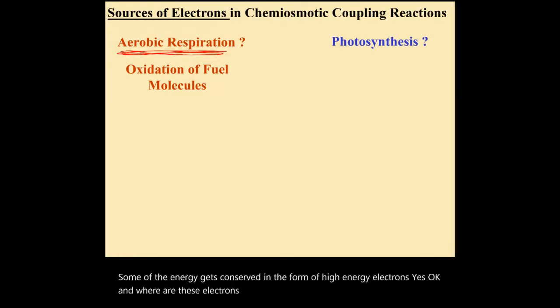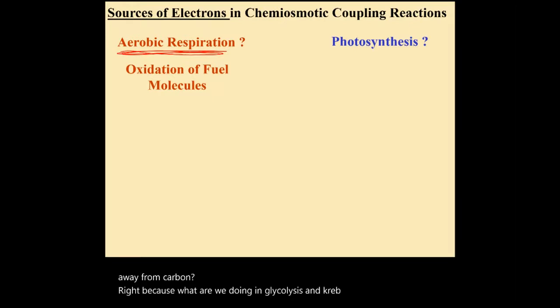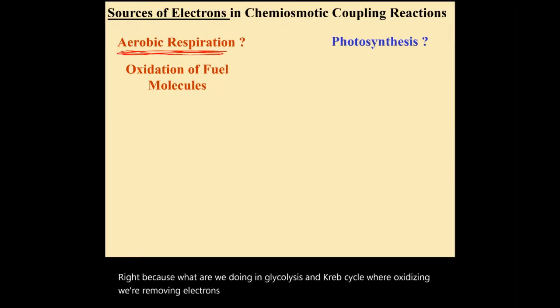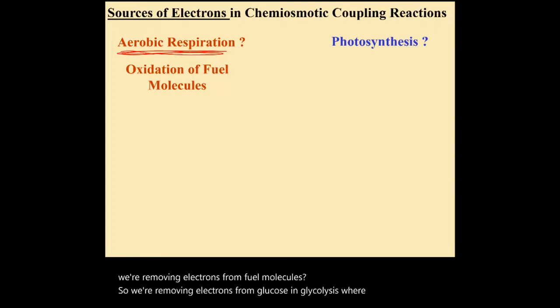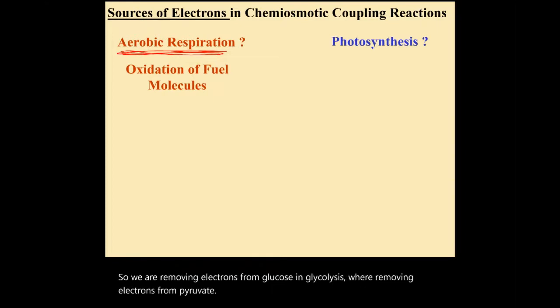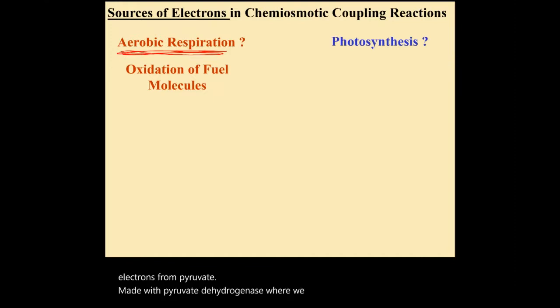I had to pull the electrons away from carbon. Because what are we doing in glycolysis and the Krebs cycle? We're oxidizing, removing electrons from fuel molecules. We remove electrons from glucose in glycolysis, from pyruvate in the pyruvate dehydrogenase step, and from acetyl-CoA during the Krebs cycle.